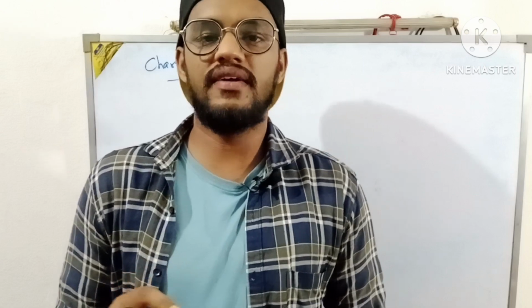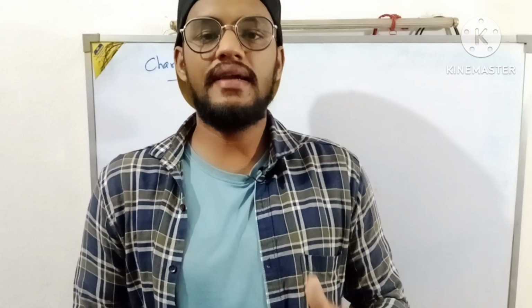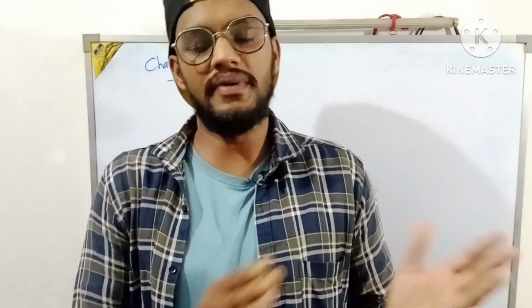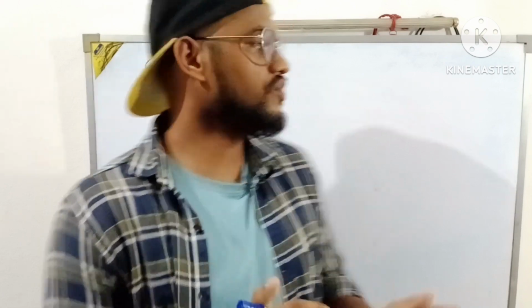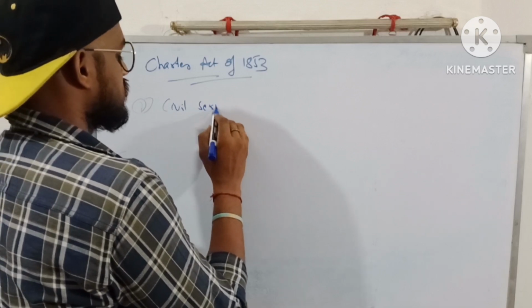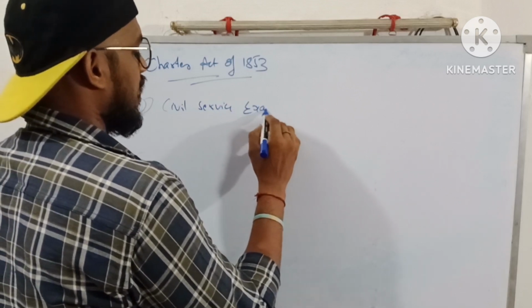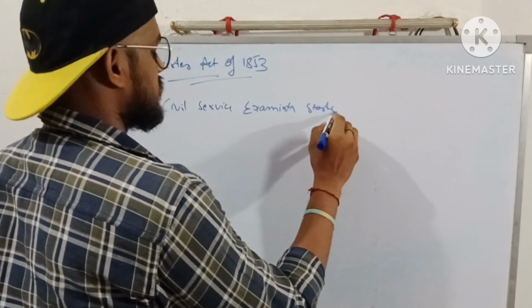In this competitive exam of civil services, Indians were also allowed. It means that it is an open competition to all. The Britishers as well as Indians can also give this exam. So the second provision will be: civil service examination has been started.